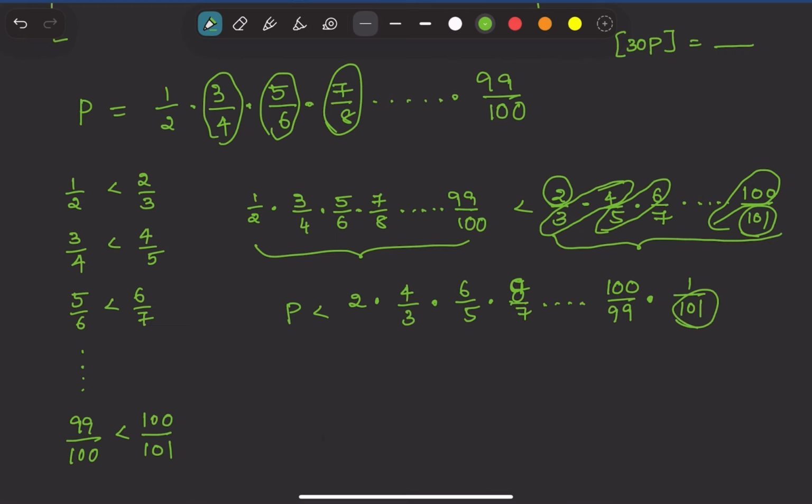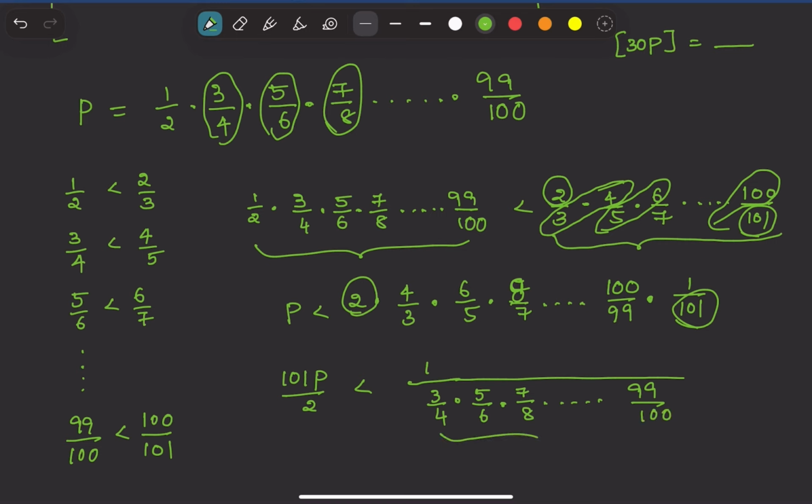Now take this 101 and 2 to the other side. So this is simply 101P upon 2 less than. Now I will write 4 by 3 as 1 upon 3 by 4, and 6 by 5 as 1 upon 5 by 6, and 8 by 7 as 1 upon 7 by 8, and so on, up to 99 upon 100.